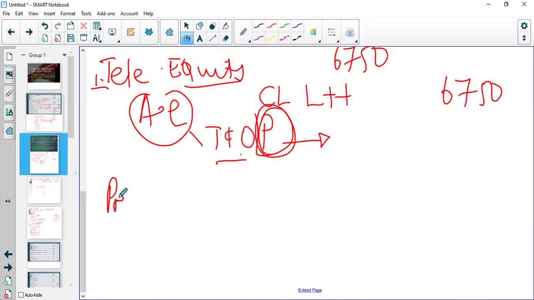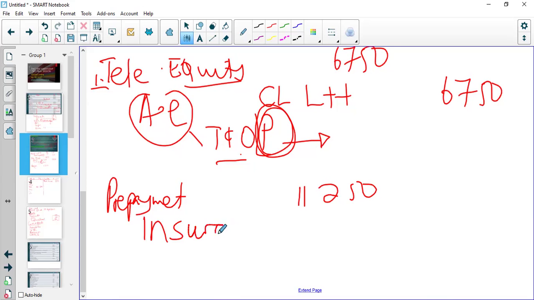We're gonna have prepaid insurance or prepayments, or it could be prepaid insurance or whatever it is that you will get on the day. So it's going to be 11,250, right? And then now we're gonna credit insurance, because insurance is an expense, and to reduce an expense already recorded, we need to credit.